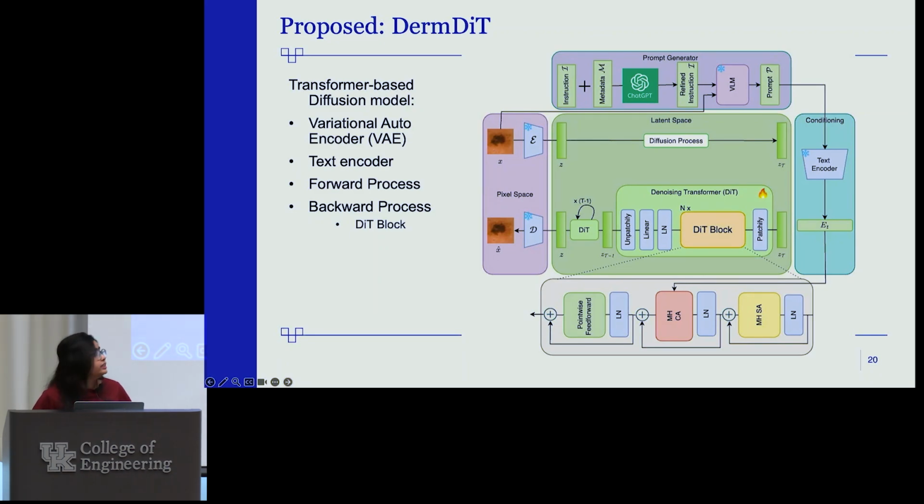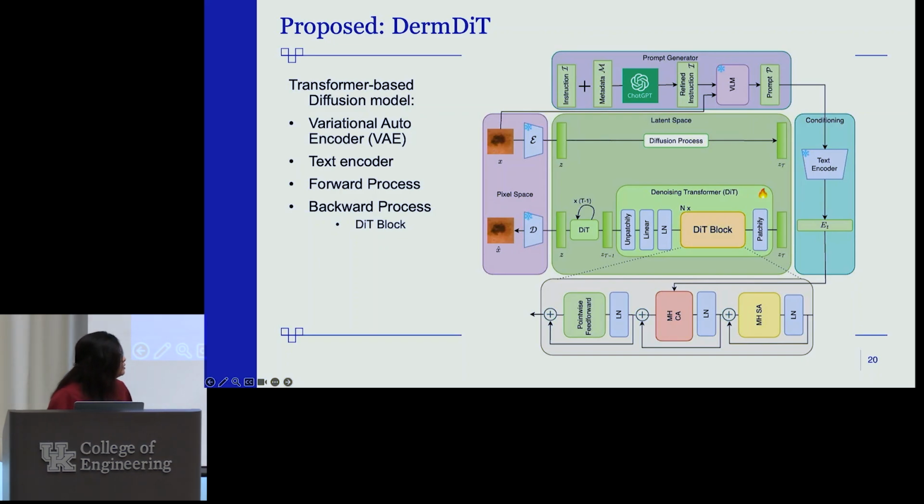And here the forward process converts the latent of the image into noise, gradually adding Gaussian noise. So this is the forward process, and for the reverse process, it uses the DiT block. This transformer block is used for the reverse process to remove noise and generate a new dermoscopic image.